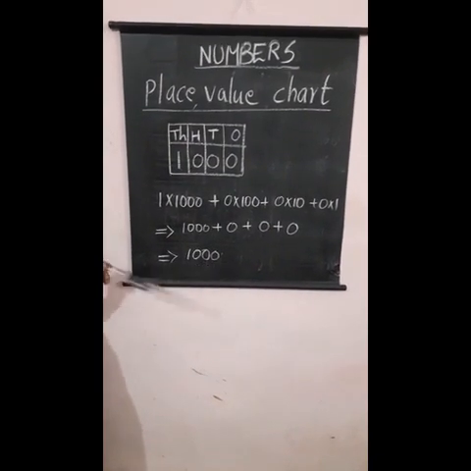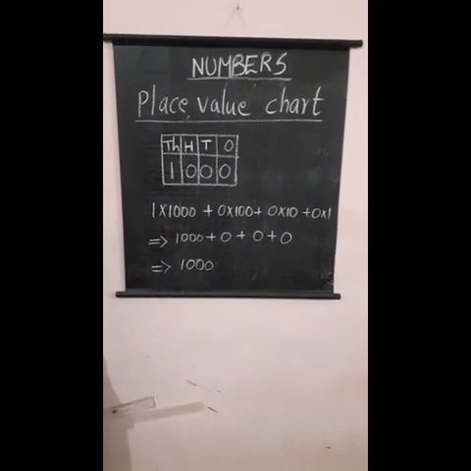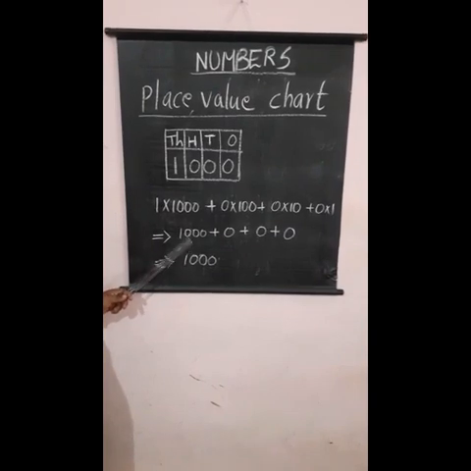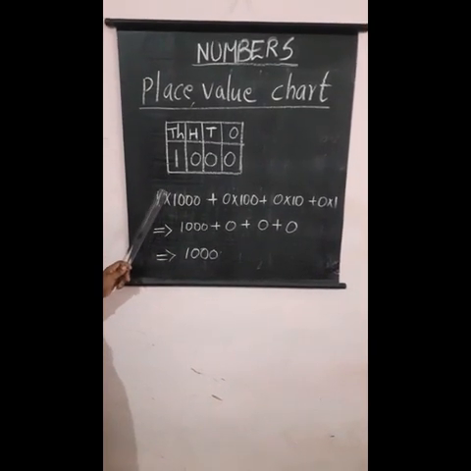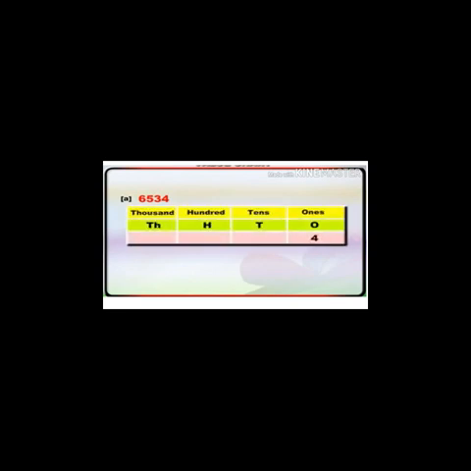Clear? Next, I am showing a video to show how to read and write a 4-digit number. In that example, I am also showing how to write the 4-digit numbers in a place value system. Here 6, 5, 3, 4. 4 is in ones place, 3 is in tens place, 5 is in hundreds place and 6 is in thousands place.